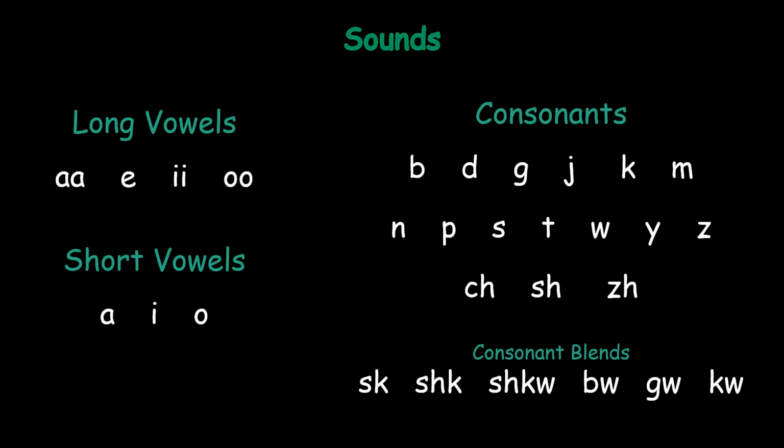A quick review of our vowels and consonants. Long vowels, a, e, o. And the short vowels, o. The consonants that we use, b, d, g, j, k, m, n, p, s, t, w, y, z.